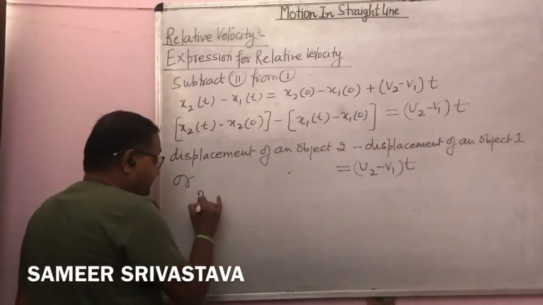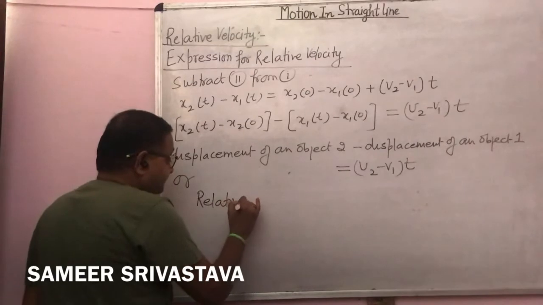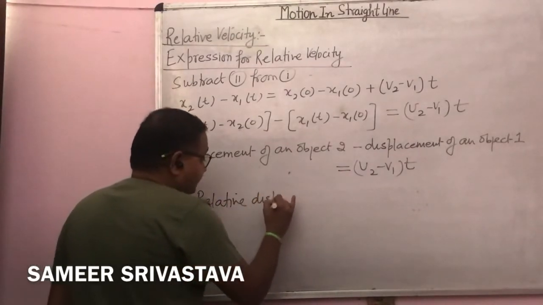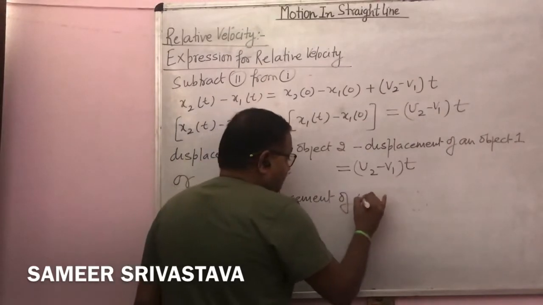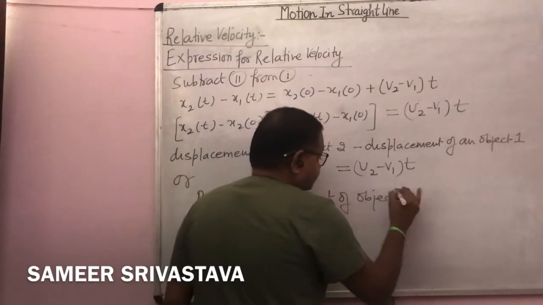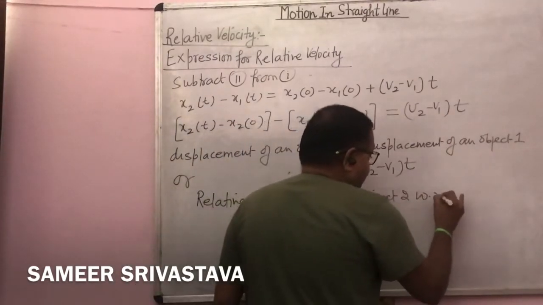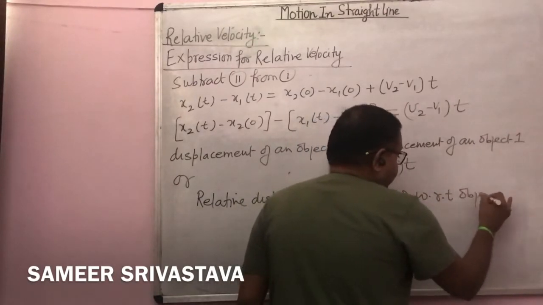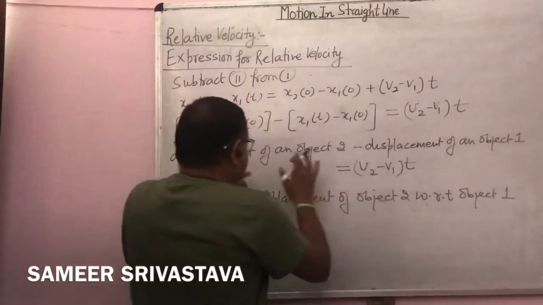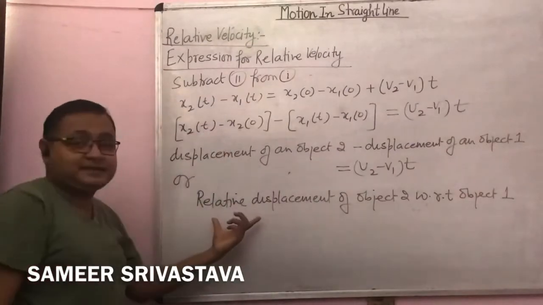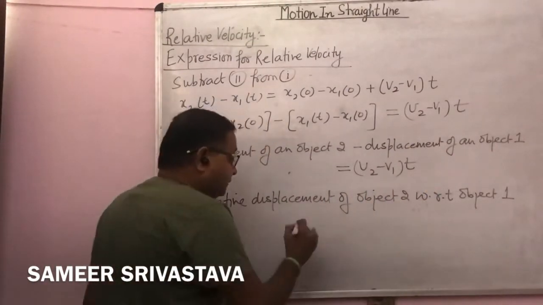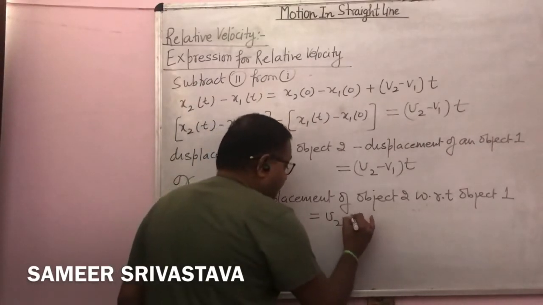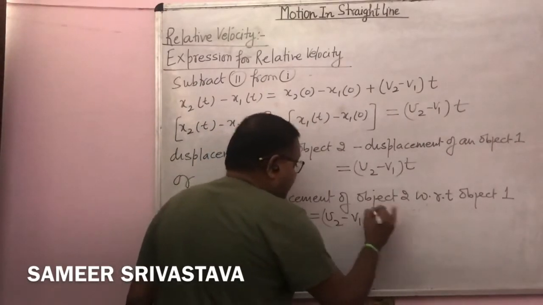So this whole term we can write as the relative displacement of object 2 with respect to object 1, and that is equal to v2 minus v1 into t.